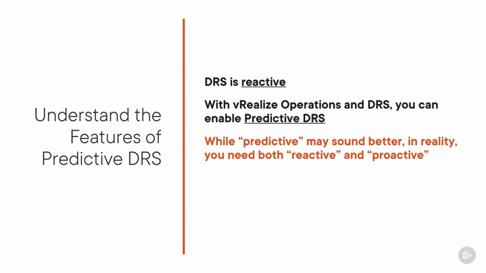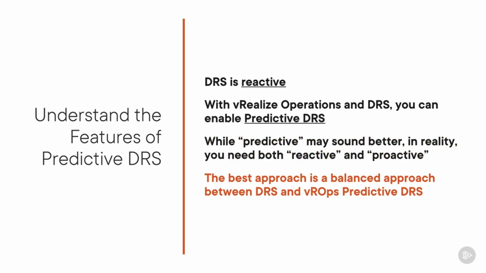It's going to help to identify virtual machines that may very soon have a problem. However, you also need DRS so that once virtual machines already do have a problem, if they weren't caught by the predictive algorithms in vRealize Operations, it's then that DRS will take action as well. The best approach here really is a balanced approach between using both DRS and vROps predictive DRS.